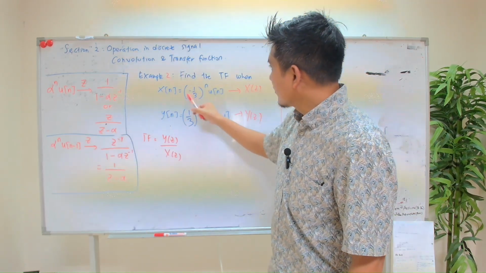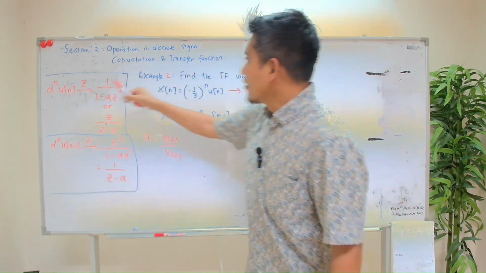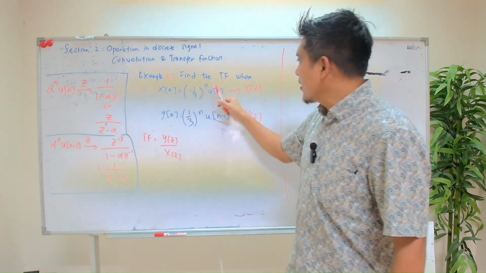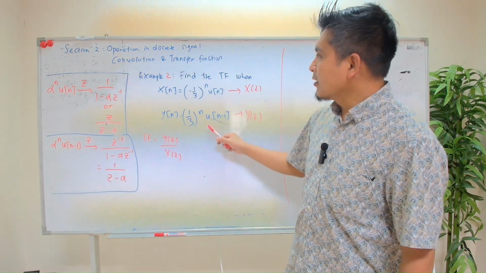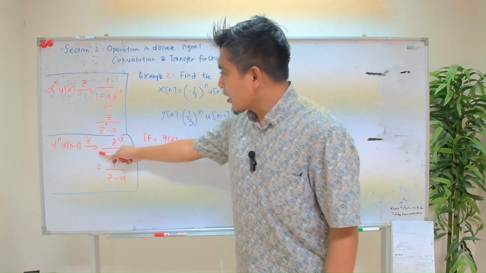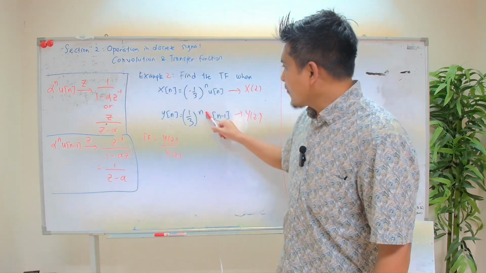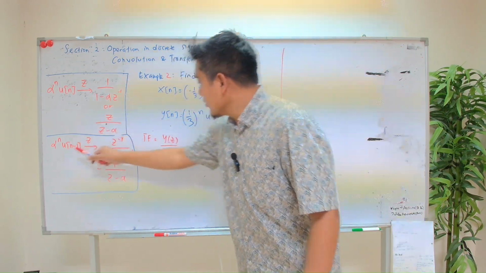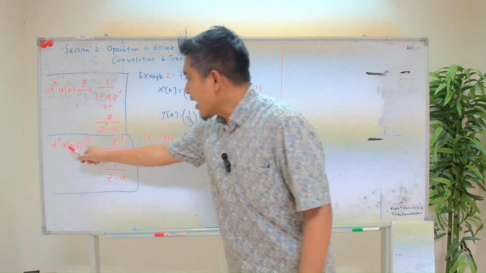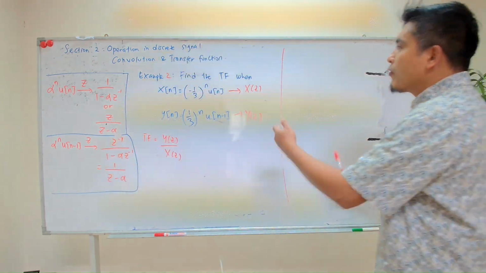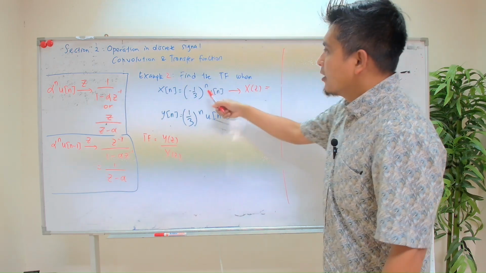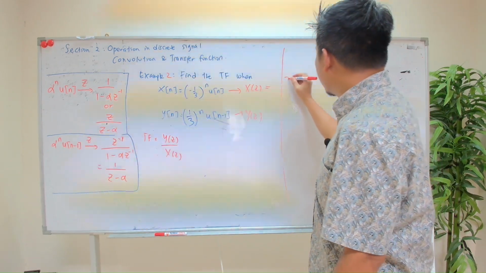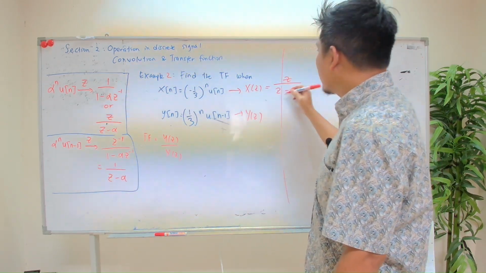So this one is similar with this. This is alpha power of n multiplied with the u[n]. However, the second is similar with this one. This is alpha power of n, u[n minus 1]. So if we convert it, it becomes z over z minus alpha. So you get z over z minus, what is the alpha value?